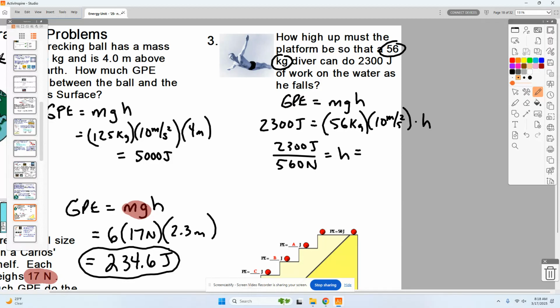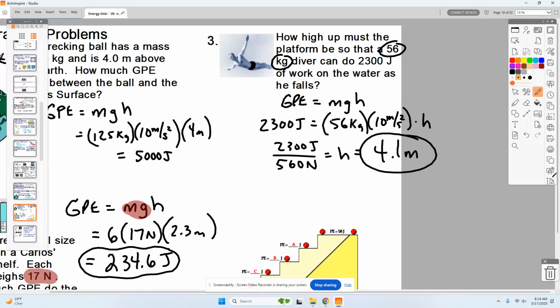I'm getting about 4.1 meters. So that platform would have to be 4.1 meters up in order for that person to be able to do that much work on that water. If you use 9.8, and I did see a couple of people do that, you see it's not that big of a difference. I'm getting about 4.2 meters. So again, very small difference between those, so G is 10 is fine.